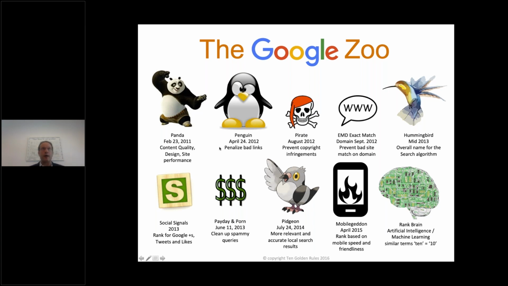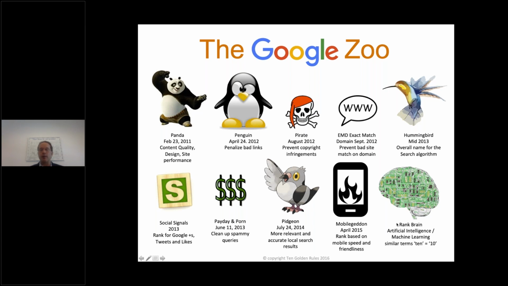The next big algorithm update was Penguin, that penalized those bad links I talked about. You never want to buy links to a website. And Pirate prevented copyright infringement, and Exact Match was about domain names, and then Hummingbird was a name for a new overall search algorithm. Social signals we talked about. Pigeon was focused on relevant local results.